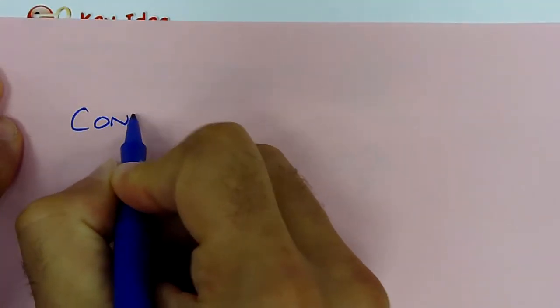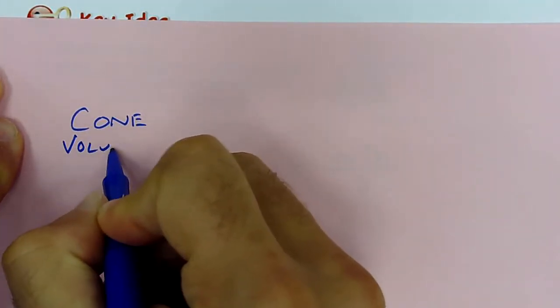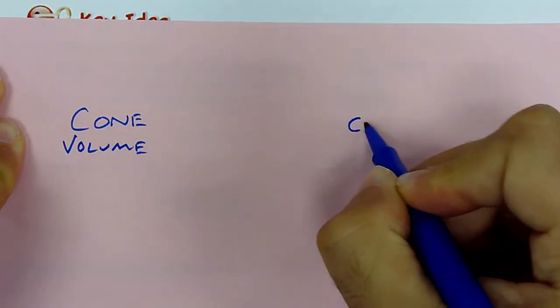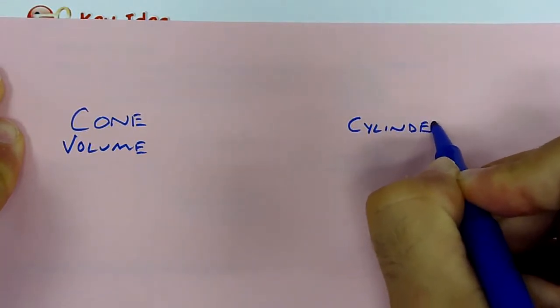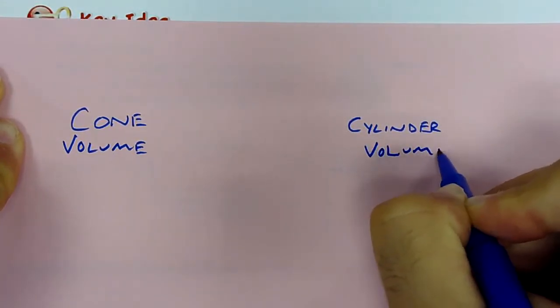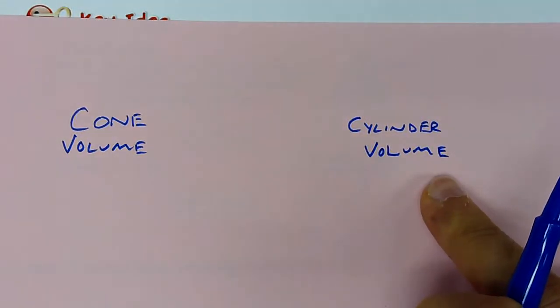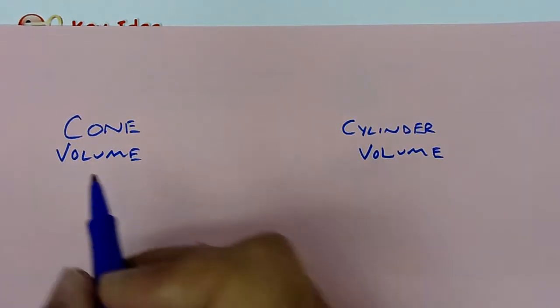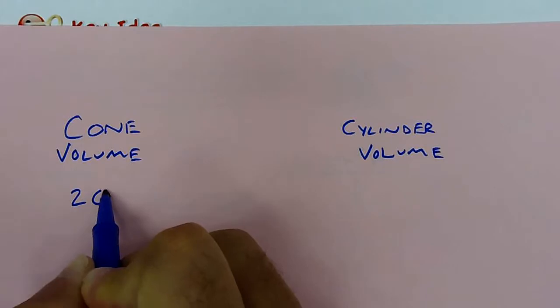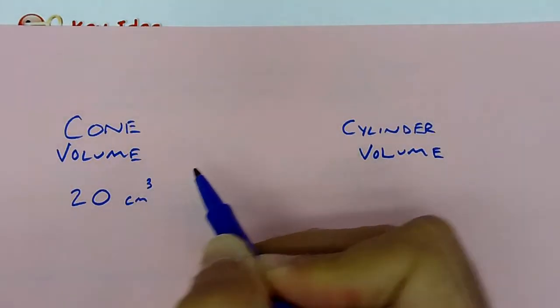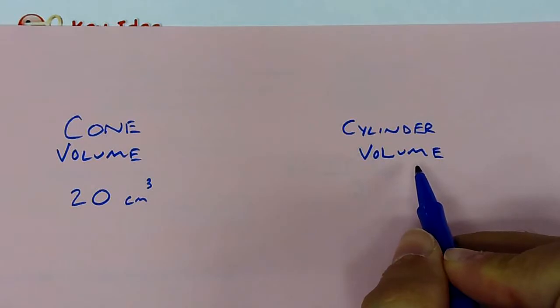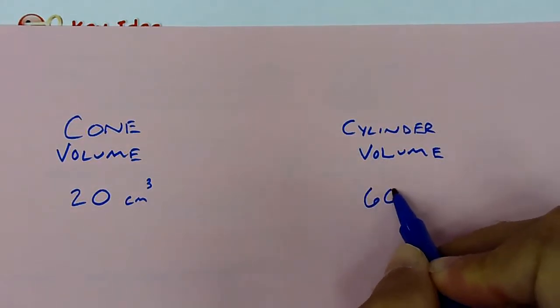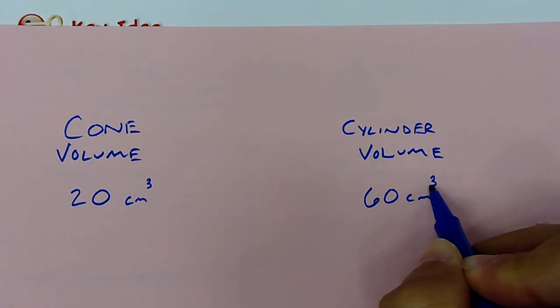What I mean by that is, if we think about it conceptually, here's my cone volume, and here's my cylinder volume. We know the cylinder volume, remember we're talking about the cylinder that cone would perfectly fit in, is 3 times. So if the cone volume was 20 centimeters cubed, the volume of the cylinder would be 60 centimeters cubed.